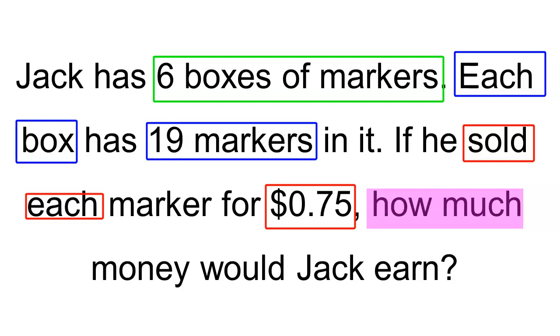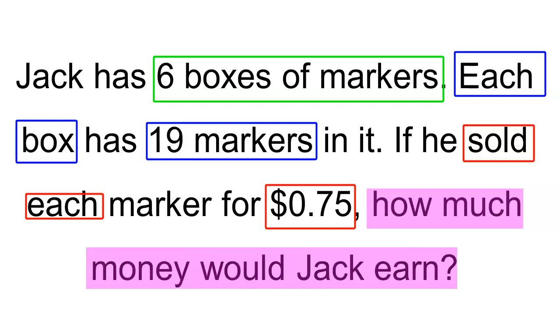So how much money would Jack earn? He has 6 boxes of markers, but each of the 6 boxes has 19 markers in it. So one box has 19, 2 boxes then has another 19, the third box has another 19, and all the way on to the 6 boxes. But we want to think about if he were to sell each individual marker.